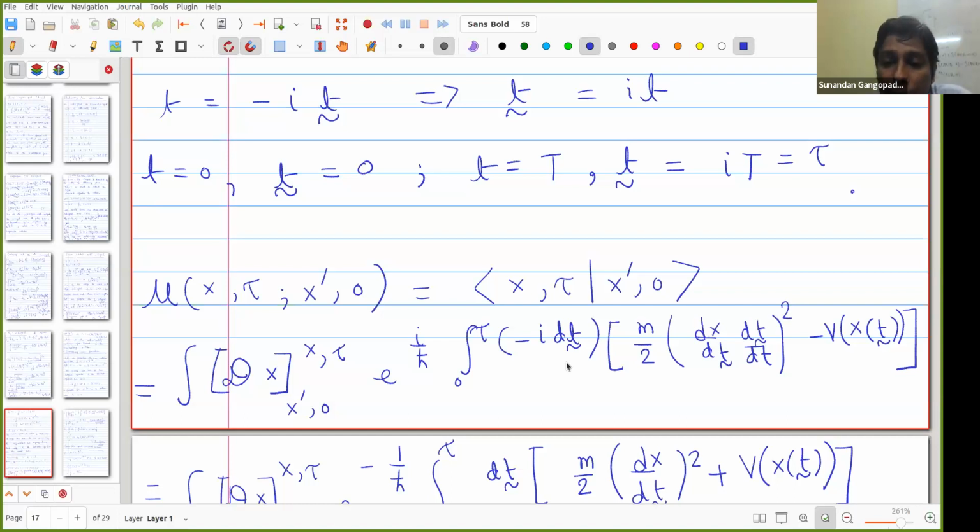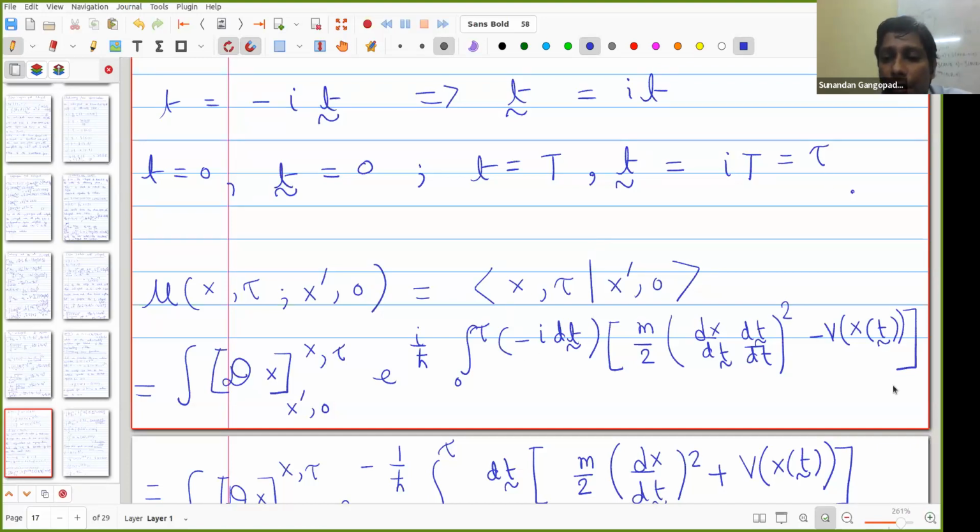So I now replace all t's by t tildes. I've already found that when t is equal to 0, t tilde is 0, so I have set t tilde equal to 0 as the lower limit of the integral which appears in the exponent. And when t is equal to capital T, t tilde is equal to tau, which is nothing but iT.